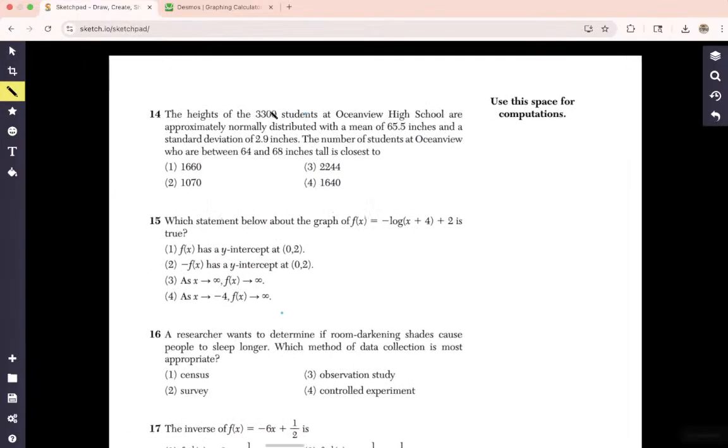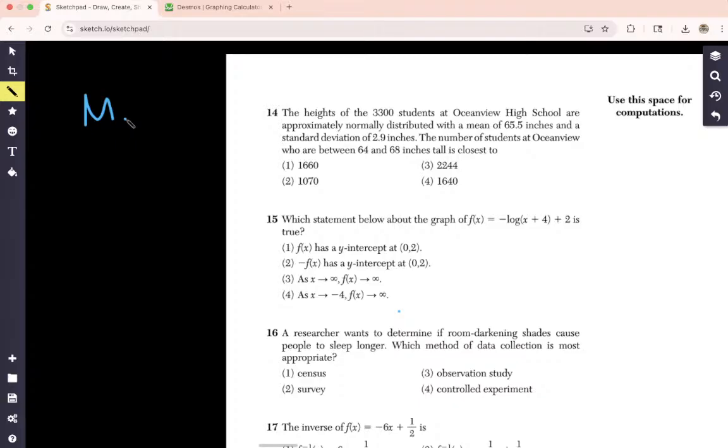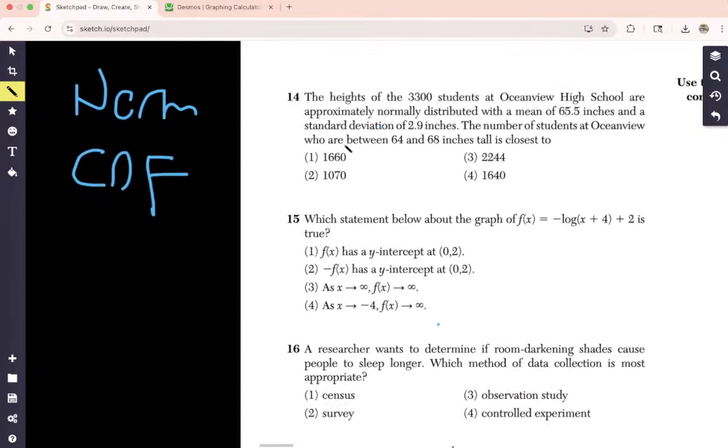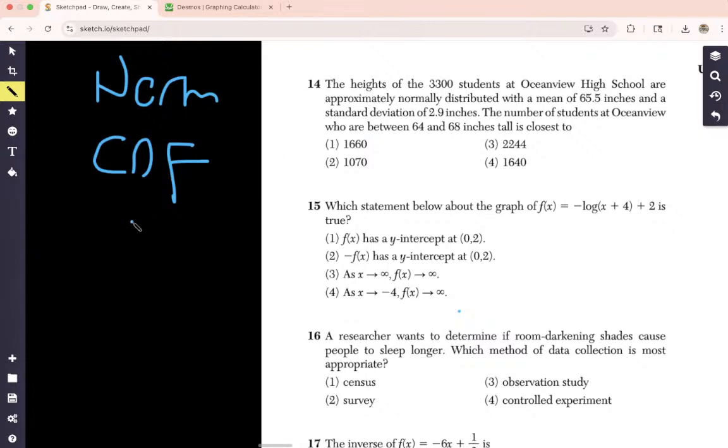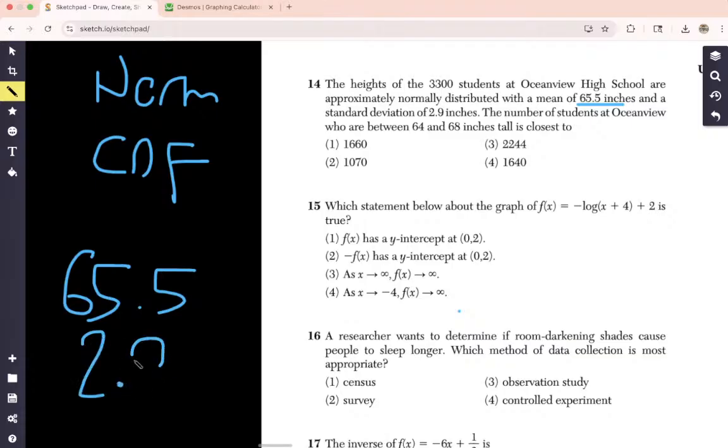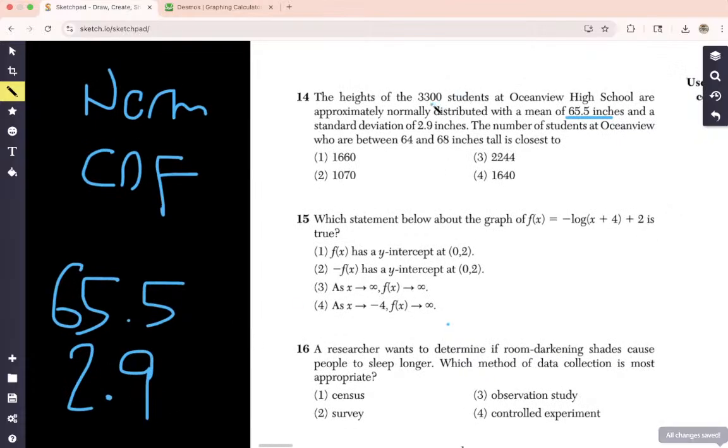For this problem, you just use the function on your calculator, normalcdf. I don't have my TI-84 right now, but basically for your mean you're going to input 65.5, and for your standard deviation you're going to input 2.9.